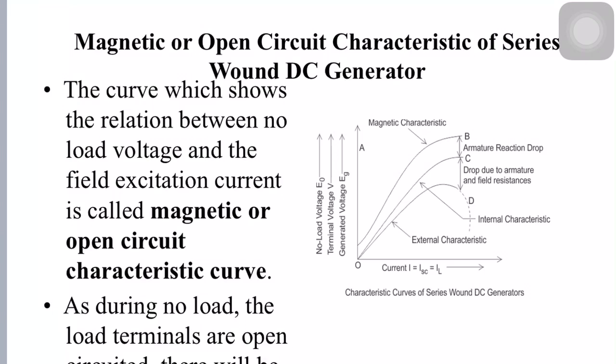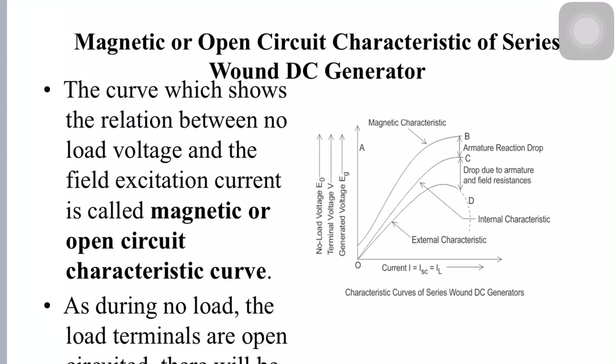Due to the residual magnetism, there will be a small initial voltage across the armature, so the curve starts from point A, which is a little way up from the origin O.